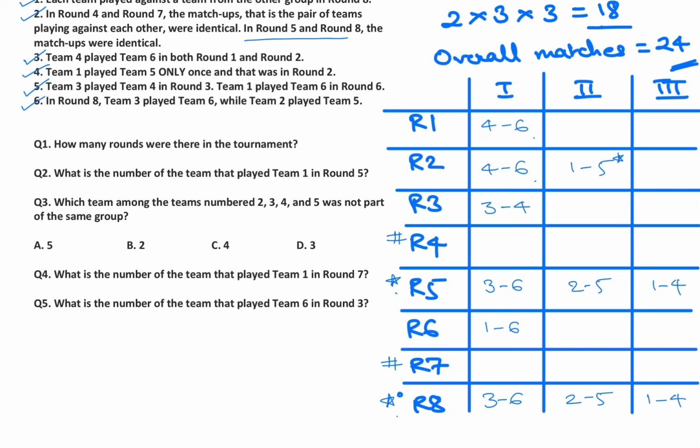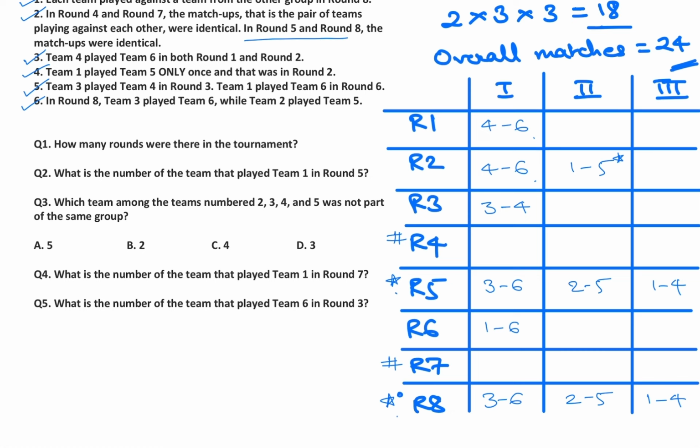Now from different groups, 4 can play against 1, 5 and 6. So I'll have 4 against 6, 4 against 1, 4 against 5. Similarly, 2 can play against 6, 1 and 5, and I'll also have 3 playing against 6, 3 playing against 1, 3 playing against 5.